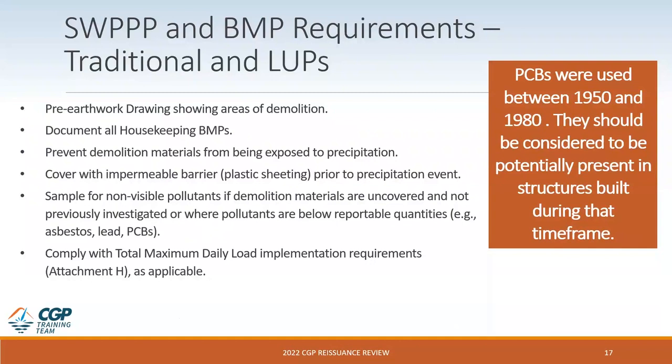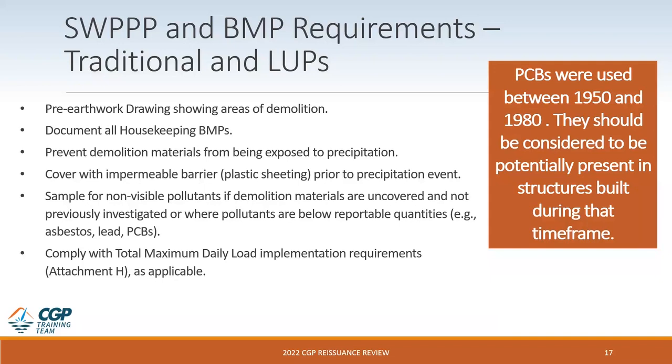They should be considered potentially present in structures during that time. The 2022 CGP SWPPP development guidelines include a new requirement for a pre-earthwork drawing that shows areas slated for demolition. Pay special attention to ensure that demolition materials are not exposed during rain events.